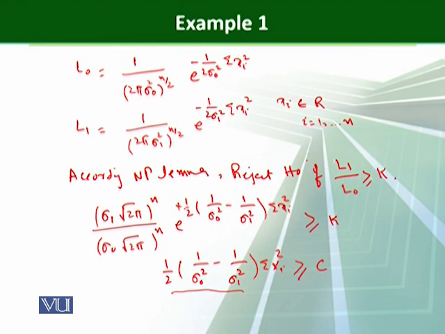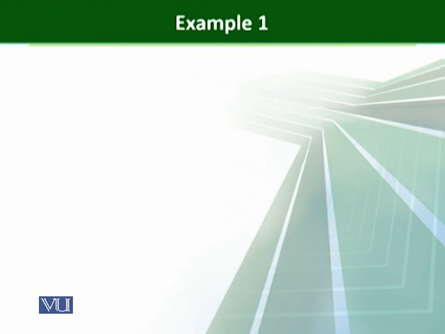So this is basically sum xi square greater than or equal to, let's say I call it c1. Now the next step is to find c1.